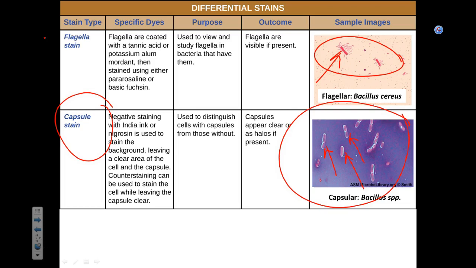Does that make sense? Now, I can ask you about the difference between simple and differential stains. I can ask you about the difference between positive and negative stains. I can ask you about gram stain and acid-fast stain. Guess what?